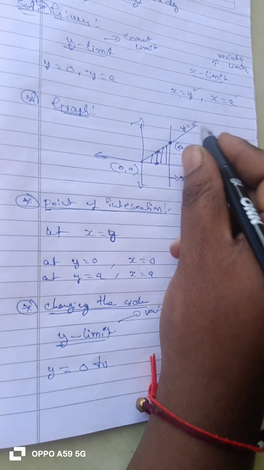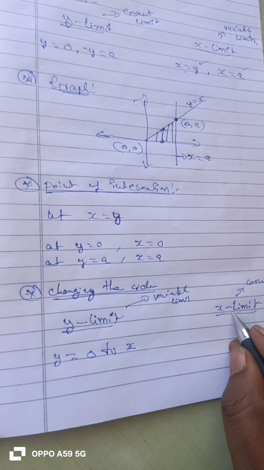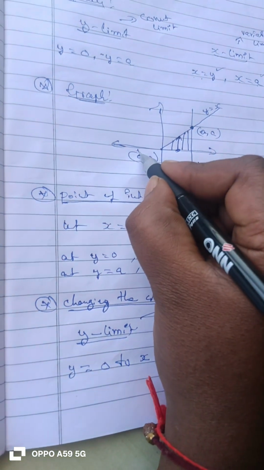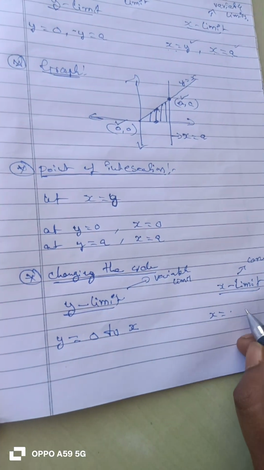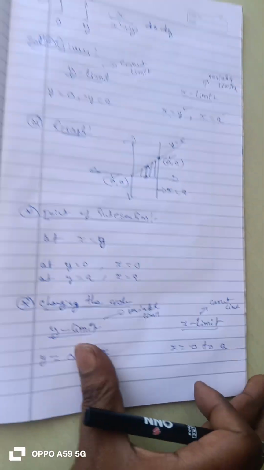In this curve, y is nothing but x. One more, this will become the constant limit. So the constant limit we have found, look here, lower point and upper point, this is 0 to a.